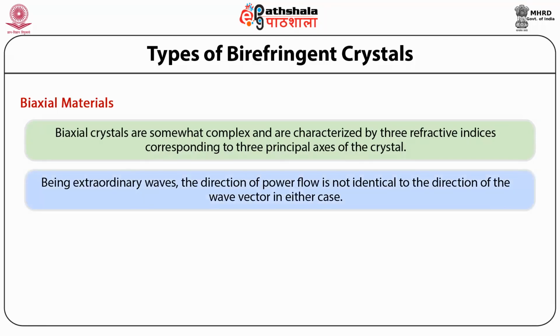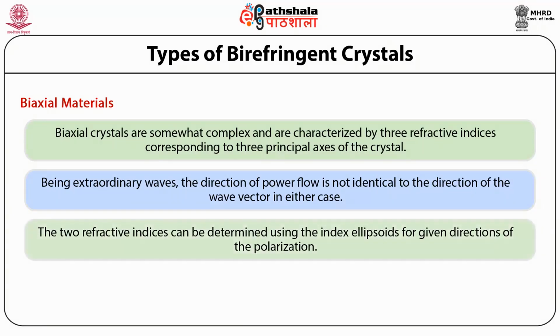Being extraordinary waves, the direction of power flow is not identical to the direction of the wave vector in either case. The two refractive indices can be determined using the index ellipsoids for given directions of the polarization.